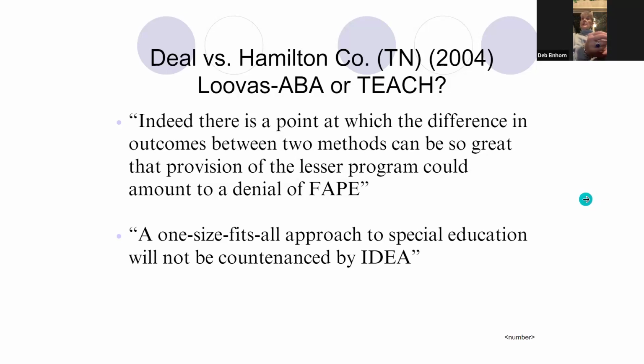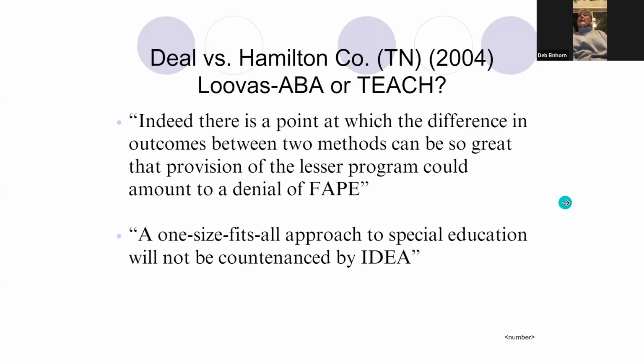So when there is a huge difference like that, then that is evidence and a warrant for using the curriculum that the parent wants. If it's not a significant difference between those programs, then it would be up to what the school district is prepared to use.